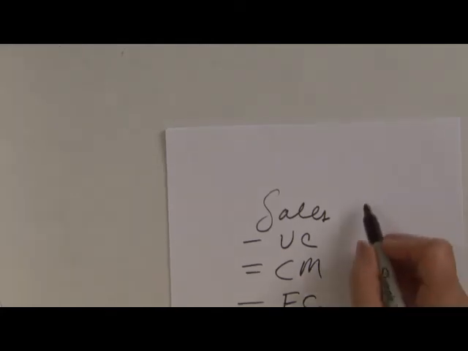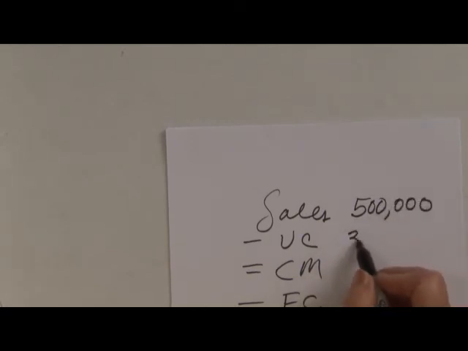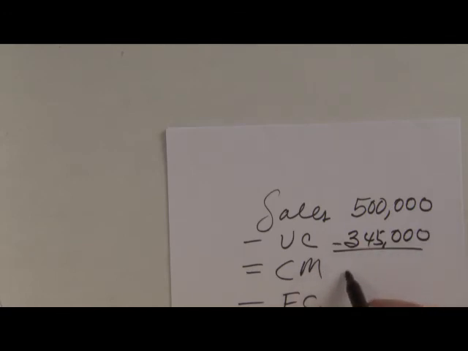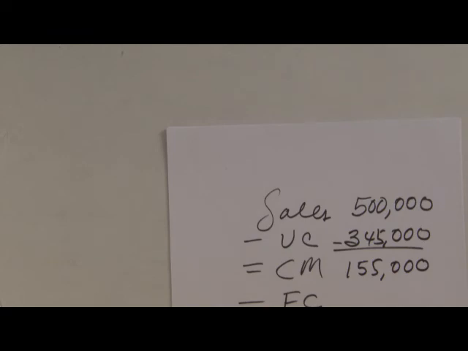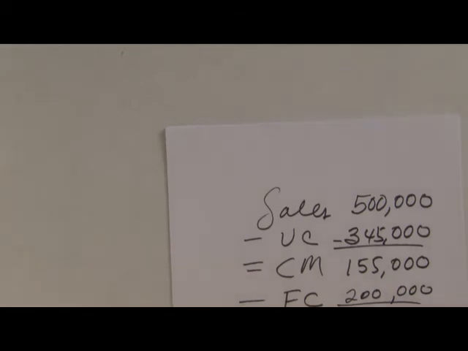For this company, this standard income statement would have showed numbers that look like this. Remember, fixed cost, if you look at the top of the tree, the decision tree, it was $200,000, showing a net loss for this department.